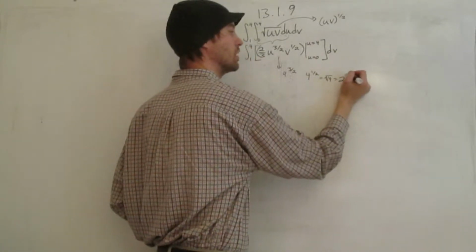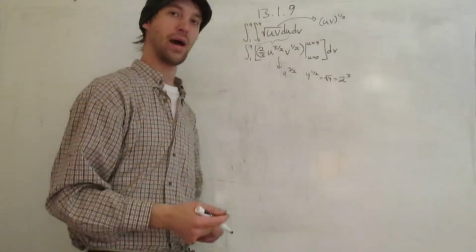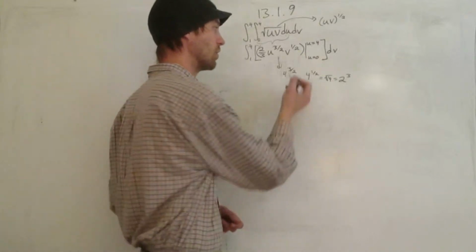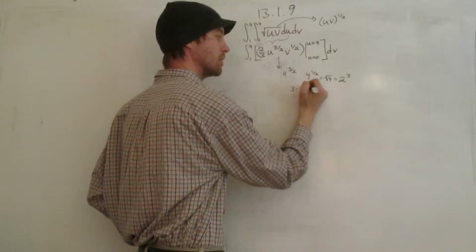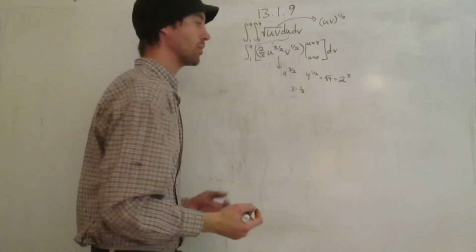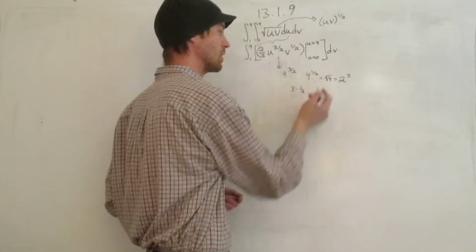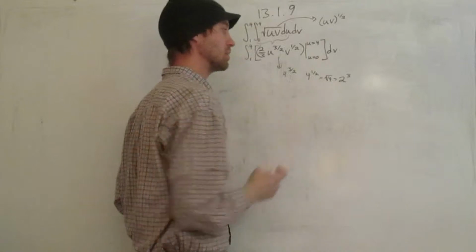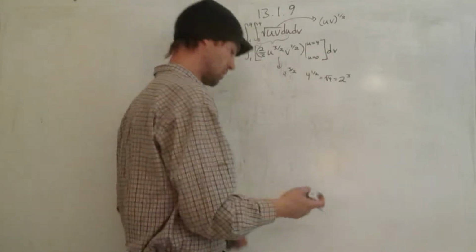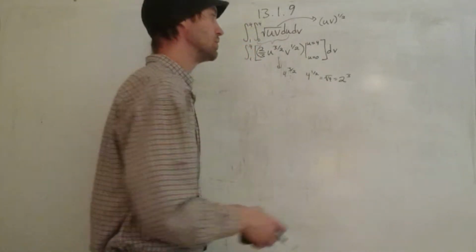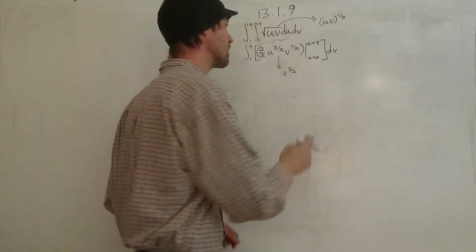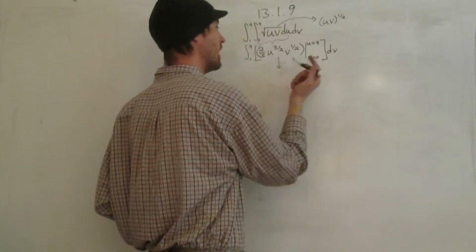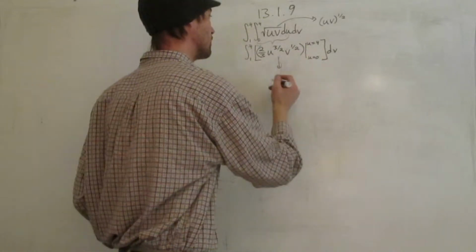And then we can tag on that to the 3rd power. You can multiply exponents just like regular numbers, so that's 3 times 1/2 in the exponent. We all know that 2 to the 3rd is 8. 2 times 2 times 2 is 8. So we get 8 when we plug in for the top limit.